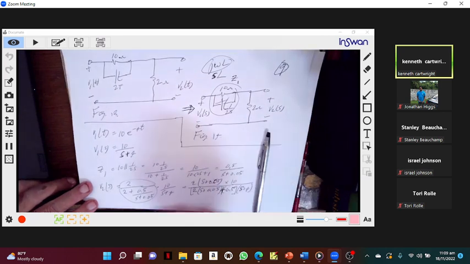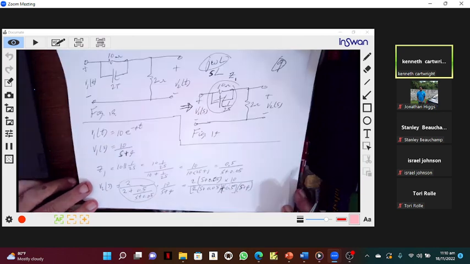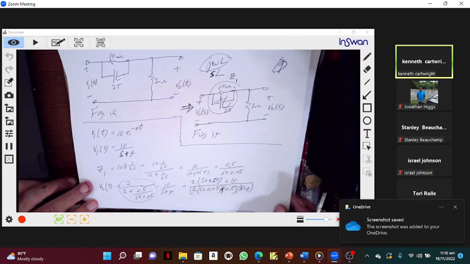So take a snip, please, because I'm going on to the next page.